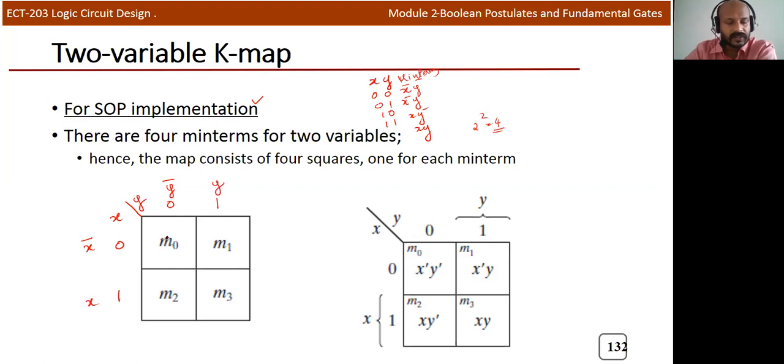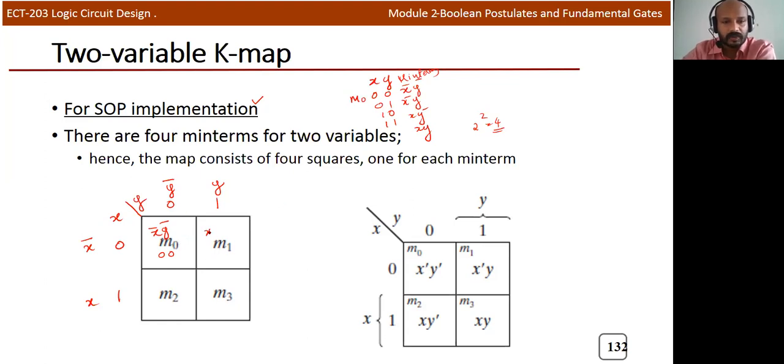So the first row and first column, x bar y bar, is 0 0, the minterm M0.